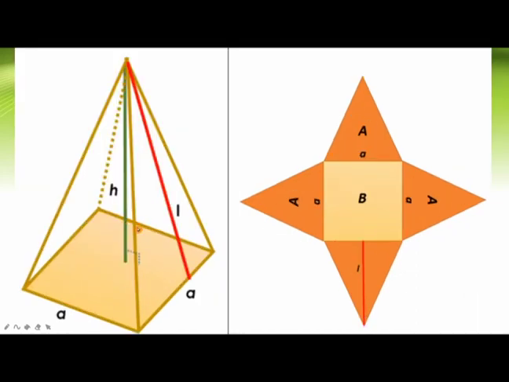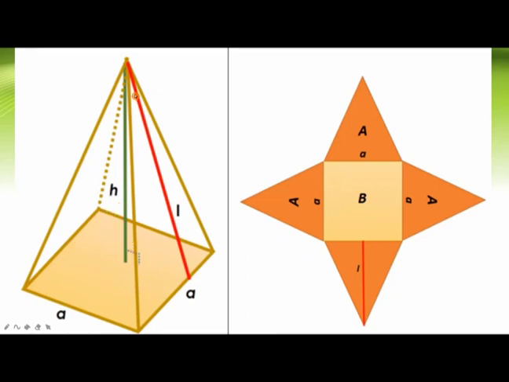Now, using the concept of the net in the total surface area, we'll derive a formula that we can use to determine the total surface area of any regular pyramid. Again, this is the net of this given square pyramid.